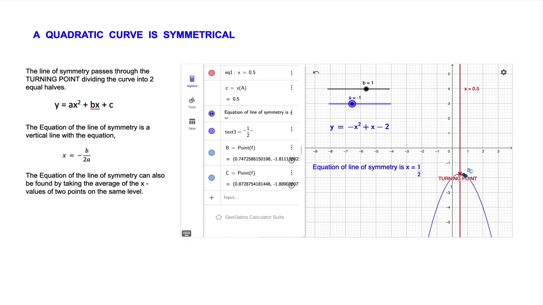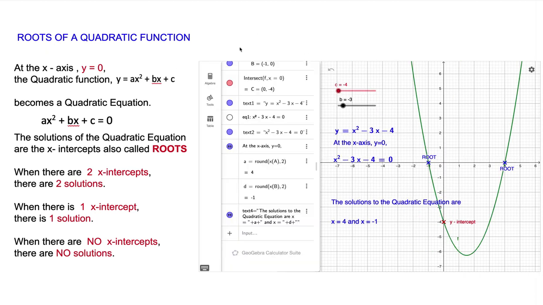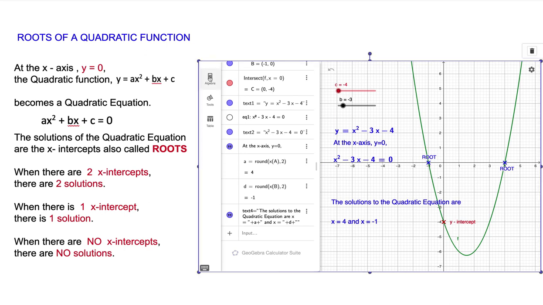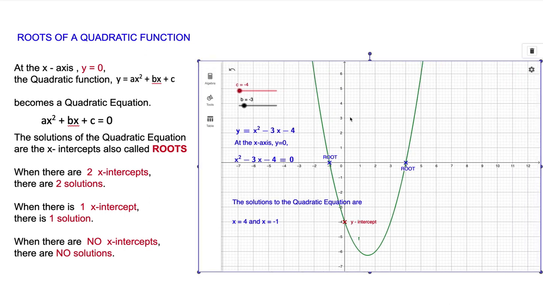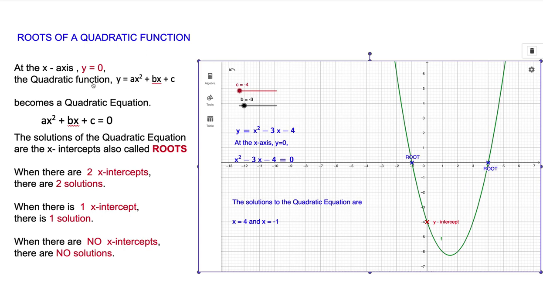Now we move on to the last aspect of a quadratic graph. A quadratic function can be used to solve a quadratic equation. When the curve y equals ax squared plus bx plus c cuts the x-axis, y is 0. And when y is 0, replacing y in the equation with 0, we get a quadratic equation.